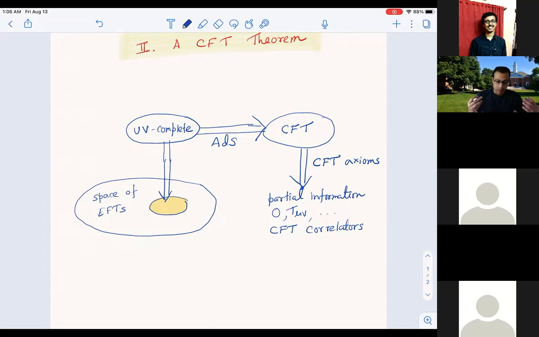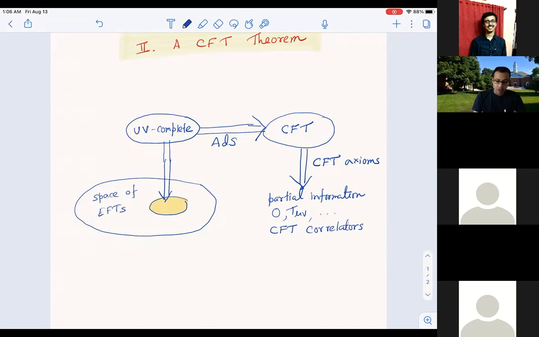So we can derive many consistency conditions that these CFT correlators must satisfy. Some of these consistency conditions can be trivially satisfied. Some of these conditions can be important, but they might not be interesting for CFTs that are dual to effective field theories. For example, they may not tell us anything interesting about the dual effective field theory.